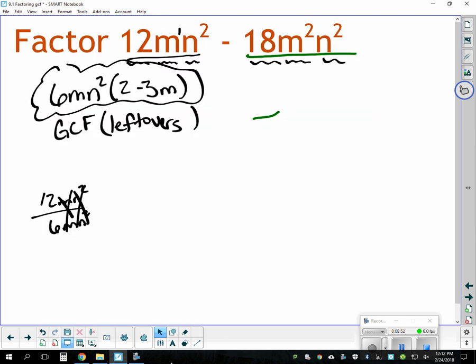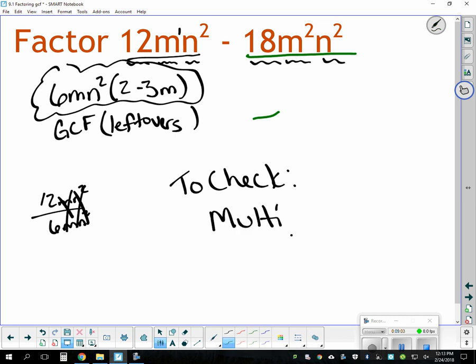How can you check these answers? To check your answer, multiply it out. They're the reverse of one another, so just multiply it out. That's all you need to do. Keep in mind, though, be very obvious about what is your answer. So I don't want to see your check written right underneath that, or I'm going to assume that's your answer.